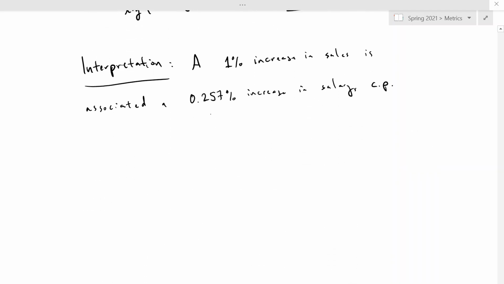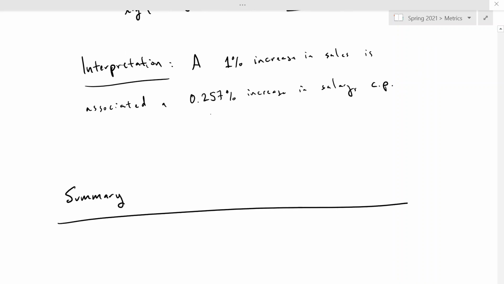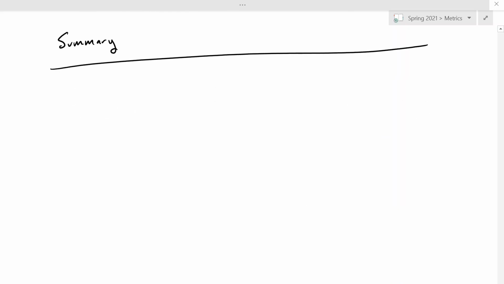Okay, so just to summarize, I want to include all of the different models here related to logs.